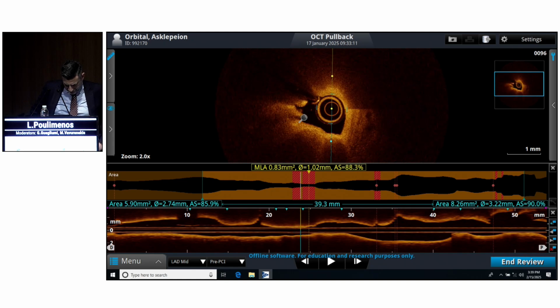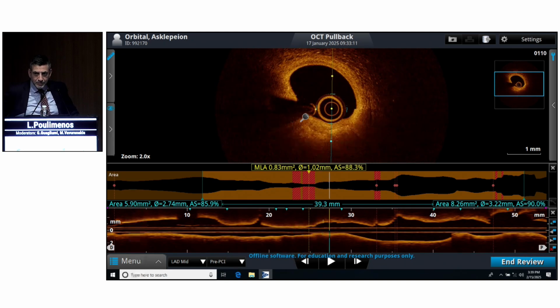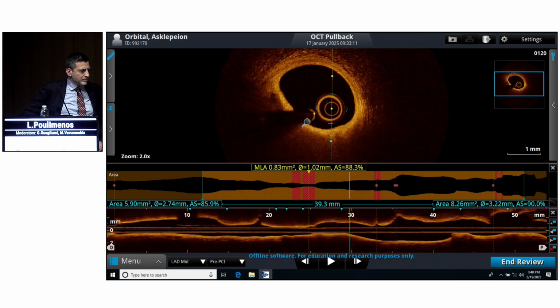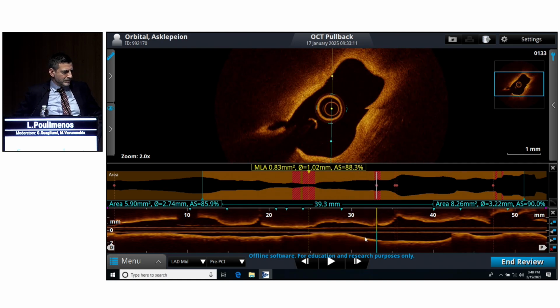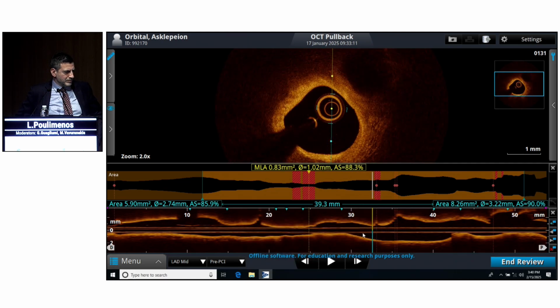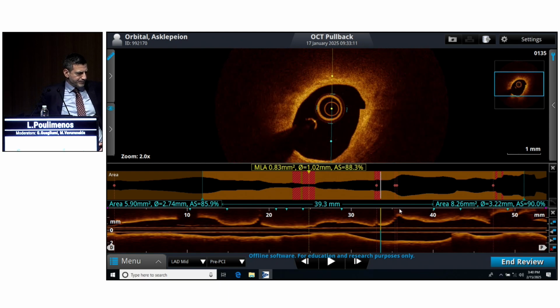Then I move in here, and you can see that the EL is marginally located. So if you have an IVUS catheter, you have an incredible amount of plaque burden inside. You can see that here the vessel is remodeling because there is a huge amount of plaque inside. And here you have a bifurcation. Here is the typical imaging of a bifurcation, the number 8, and this is the carina in between that is thick.